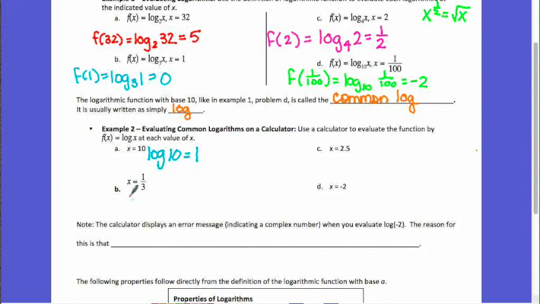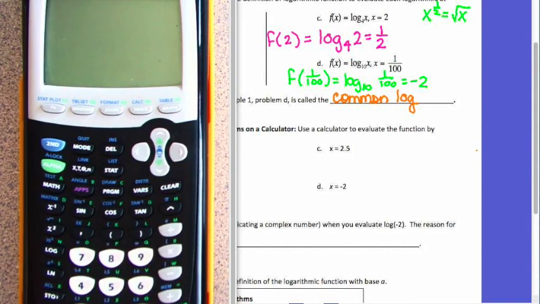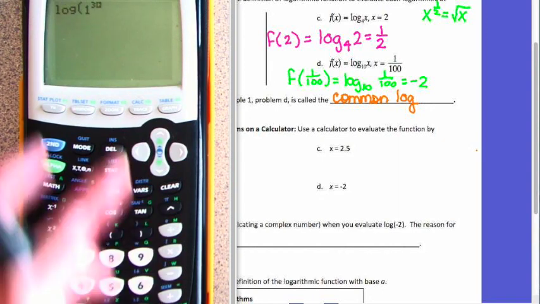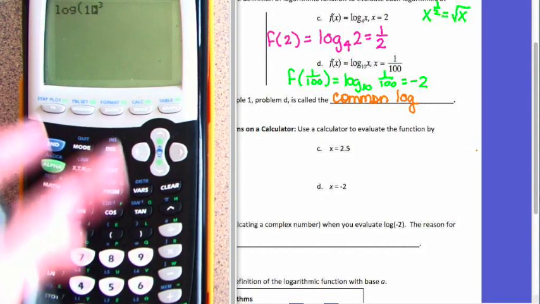If we come down here, we're looking at the log of 1/3. That one we will not be able to evaluate without the calculator, because we're saying, to what exponent do I raise 10 to get 1/3? So we're going to come over to the calculator and do log of 1/3.